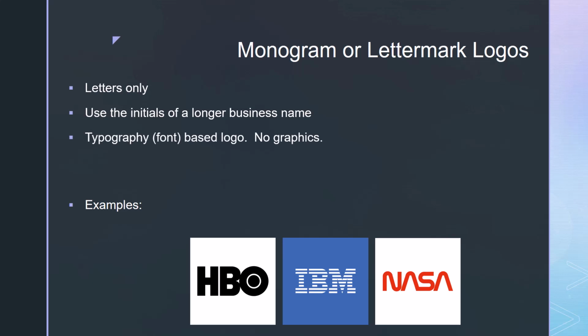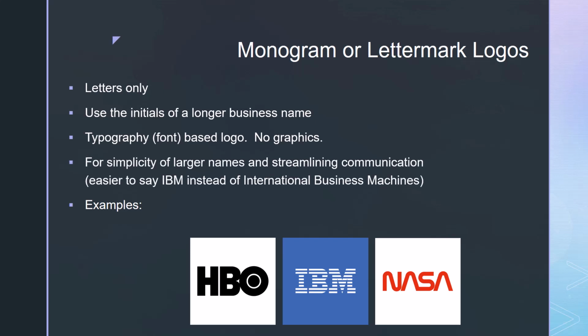It's a typography-based logo, so there's no graphics whatsoever associated with these. Typography is another word for font. We use these types of logos for simplicity of larger names. It helps streamline the communication. So for instance, it's quicker and easier to say IBM instead of International Business Machines.